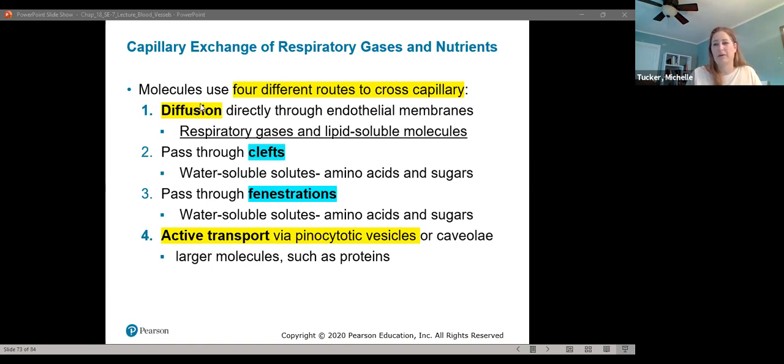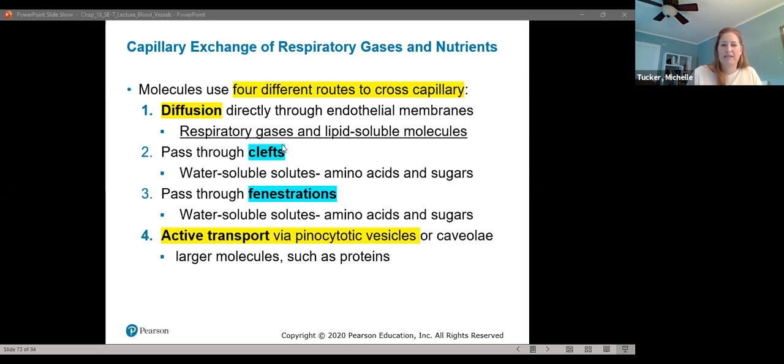And if you go way back to when I first met some of you, these are going to be small, non-polar molecules, such as respiratory gases, oxygen and carbon dioxide, as well as lipid soluble molecules, because the plasma membranes are lipid soluble. So simple diffusion requires no energy, but it does go down its concentration gradient. Simple diffusion is the fastest way to get through, because they just go straight through on that gradient.